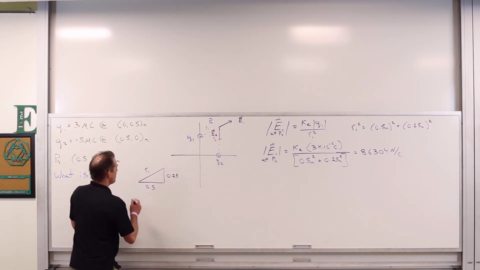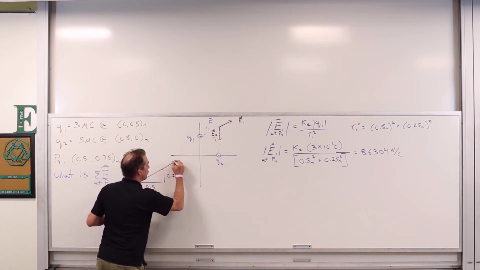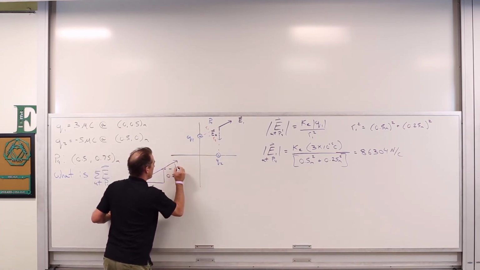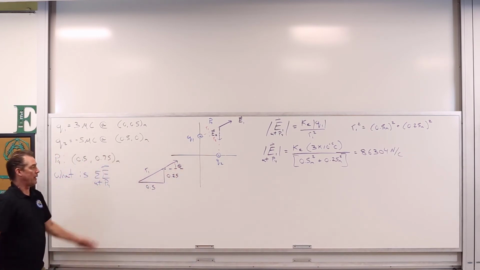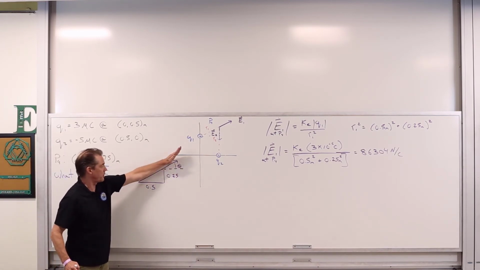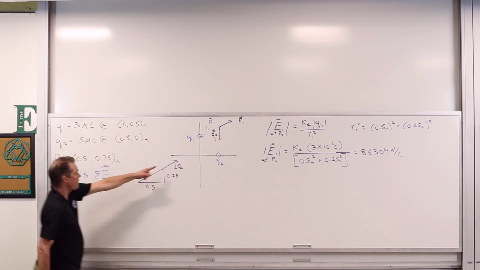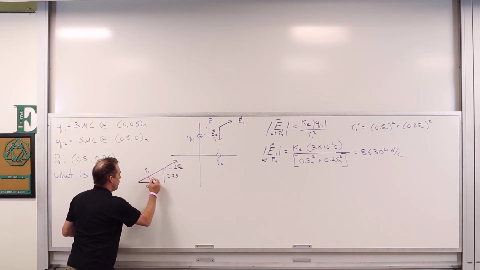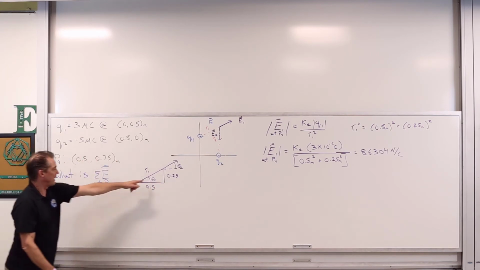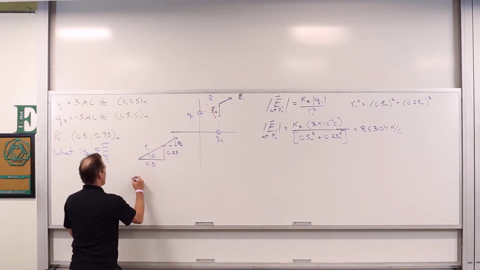Well, the direction is gotten by noting this. That's what we're looking for: theta with respect to the positive x direction. We can call this theta sub 1. Well, that theta there is equivalent to that theta there. How do we get that theta there? Arctangent, right?